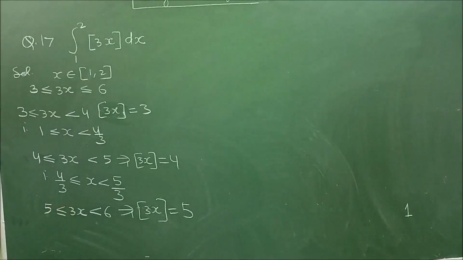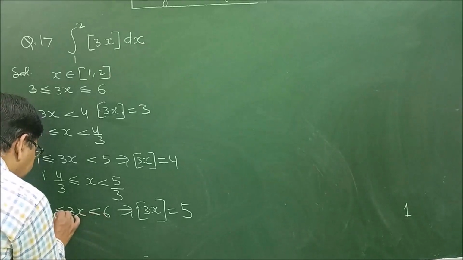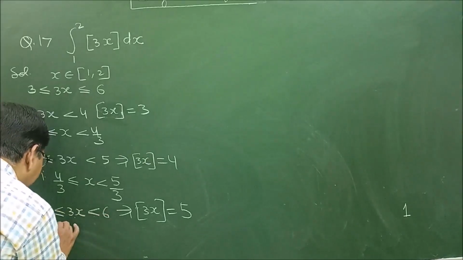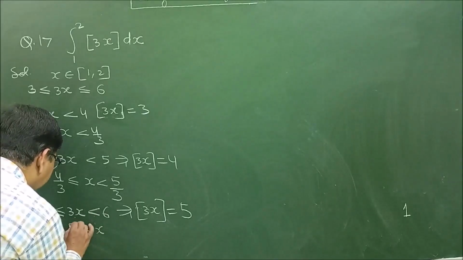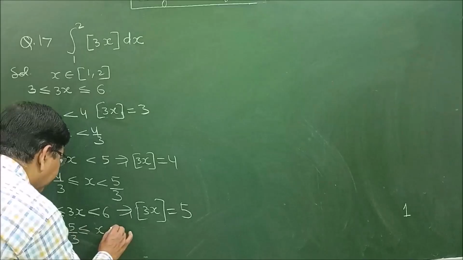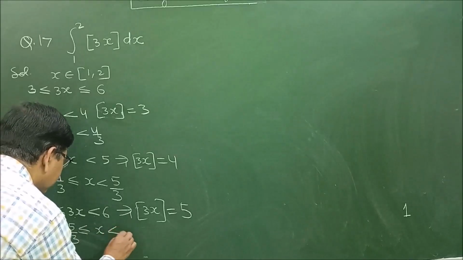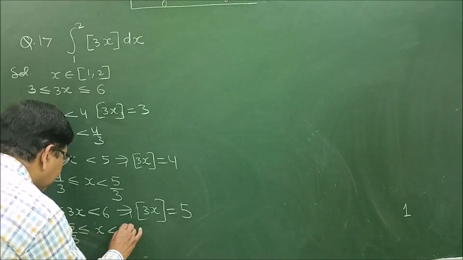Now 3x lies between 5 and 6, that is, x lies between 5 upon 3 and, dividing by 3, that is 2.